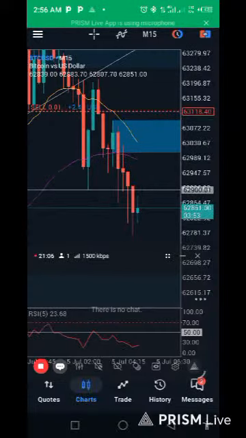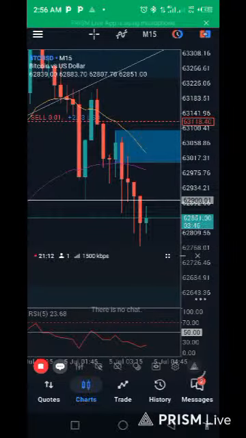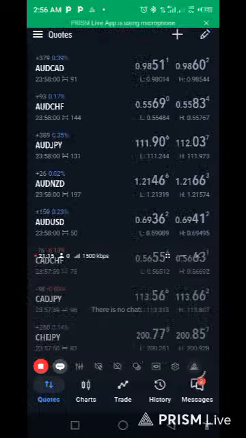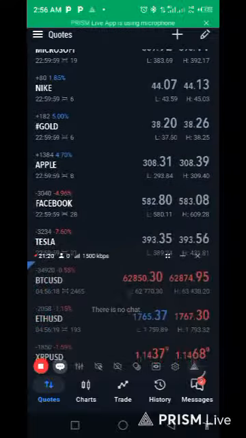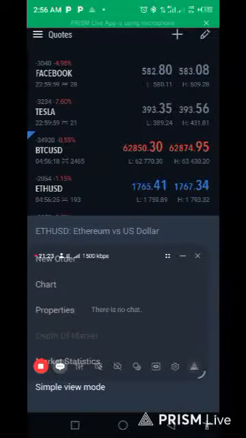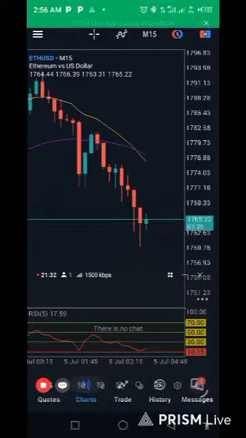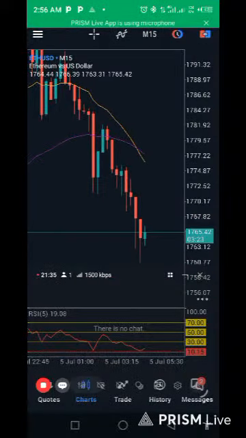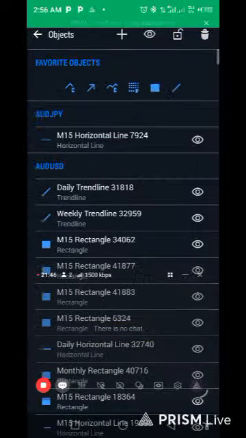Ethereum and Bitcoin, they move alike. This is Bitcoin. If I show you Ethereum now, just picture this image here on this Bitcoin. Let me go to Ethereum so you see what I'm saying. This ETH, you can see the same thing, but in Ethereum you can see the 20 moving average has crossed the 50 moving average.